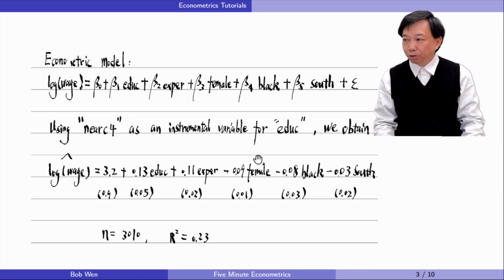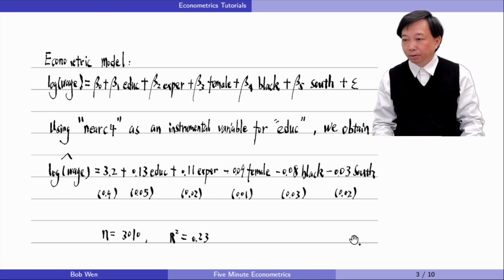For example, here is the econometric model that relates log wage to education. Using the instrumental variables estimation method, we can write the estimated econometric equation in the normal form, that is the fitted line equation form.